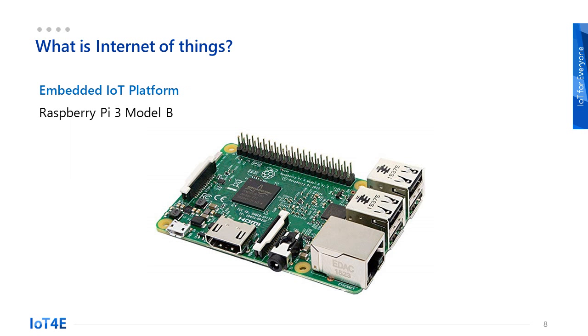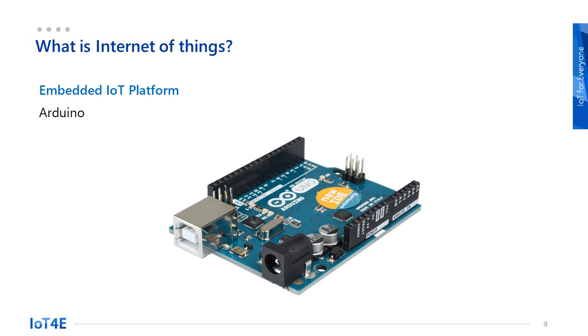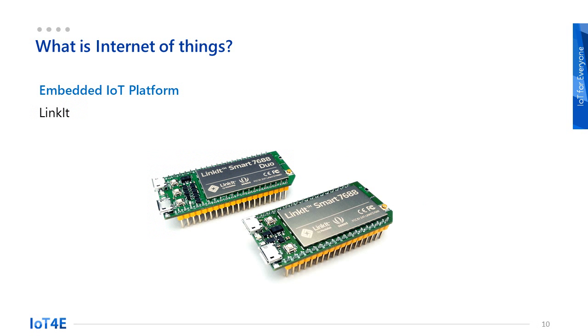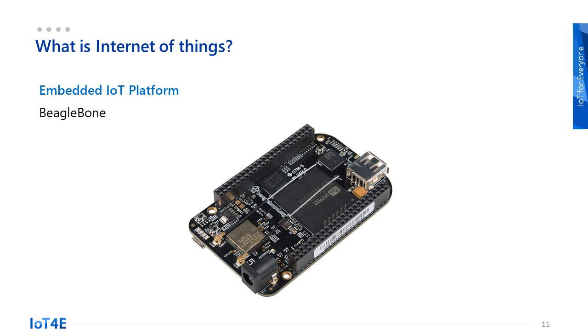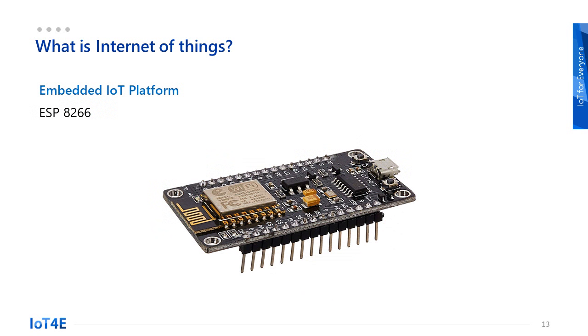Next, let's talk about the embedded IoT platform. There are various boards available to work on the embedded IoT platform. Raspberry Pi is the most well known. Then there is Arduino, Linkit, BeagleBone, Intel Galileo, and there is ESP8266.